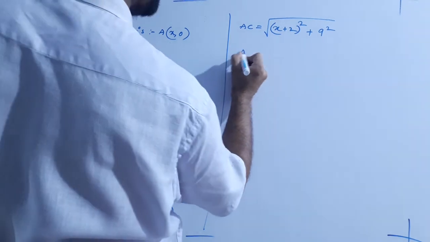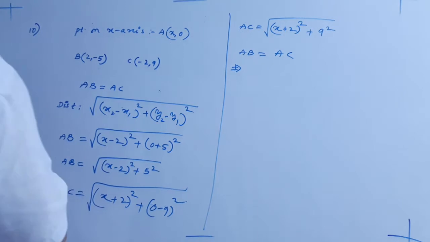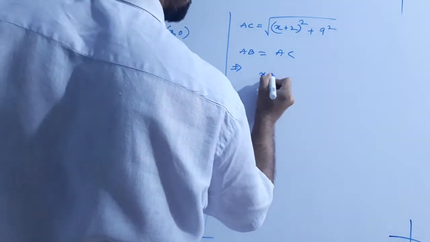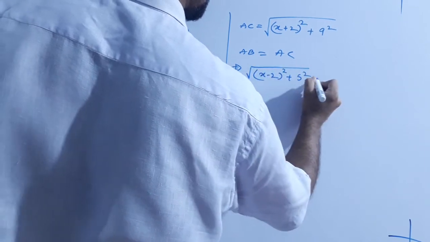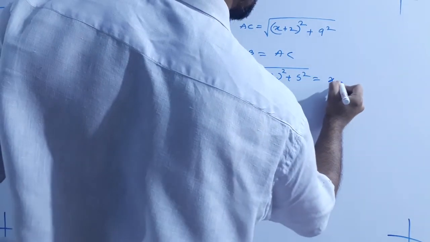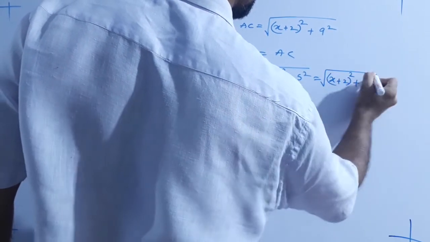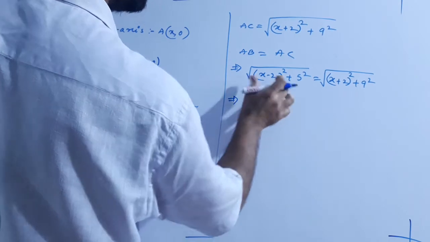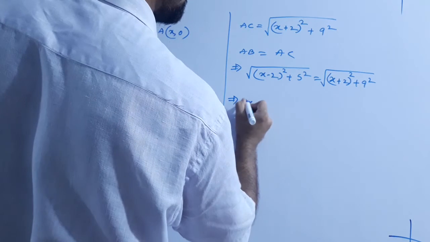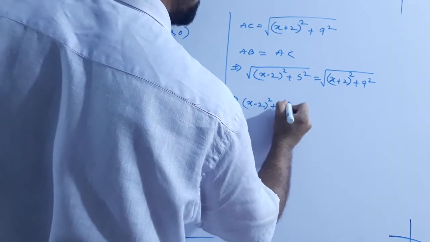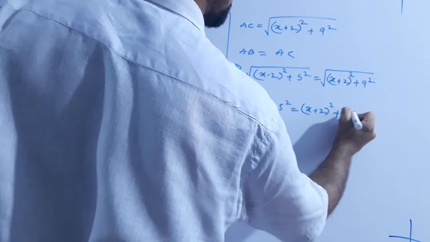Therefore AB equals AC implies (x minus 2) whole square plus 5 square equals (x plus 2) whole square plus 9 square, as the root is cancelled from both sides.